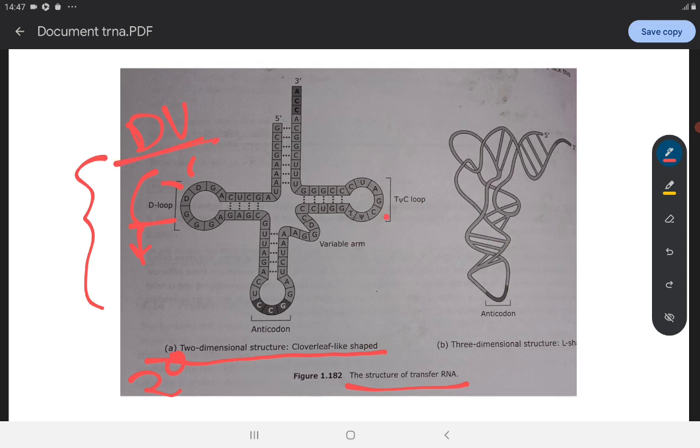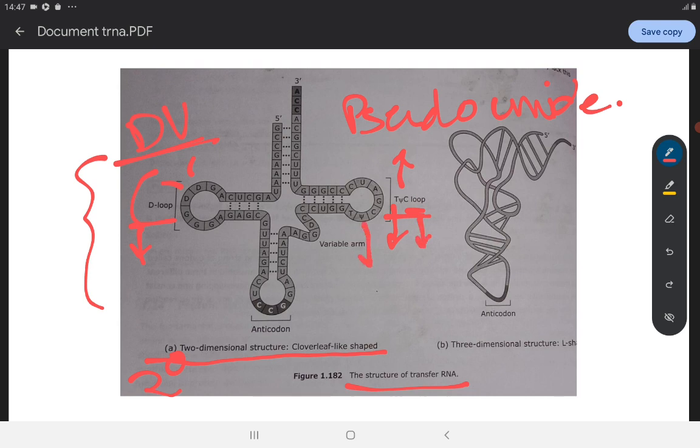On the other hand, you can see the T-Psi-C loop, right? T-Psi-C loop is named T for thymine, Psi for pseudouridine, another unusual nucleotide, and C for cytosine.